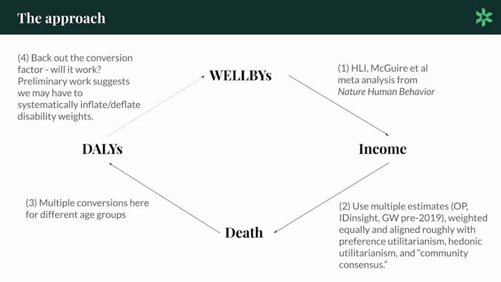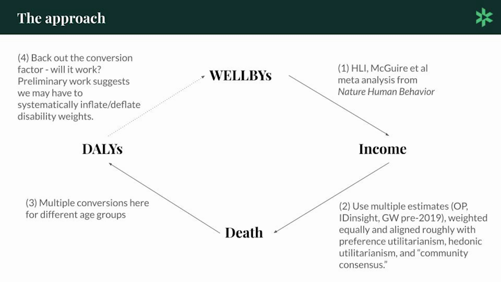And we have three approaches that we use, which I'll go into in a little bit of detail. So we have Open Phil's approach, we have the ID Insight survey that GiveWell sponsored in 2019, and we have GiveWell from pre-2019. And the rationale there is we basically think that the ID Insight survey represents a sort of preference utilitarian approach. What do you prefer?